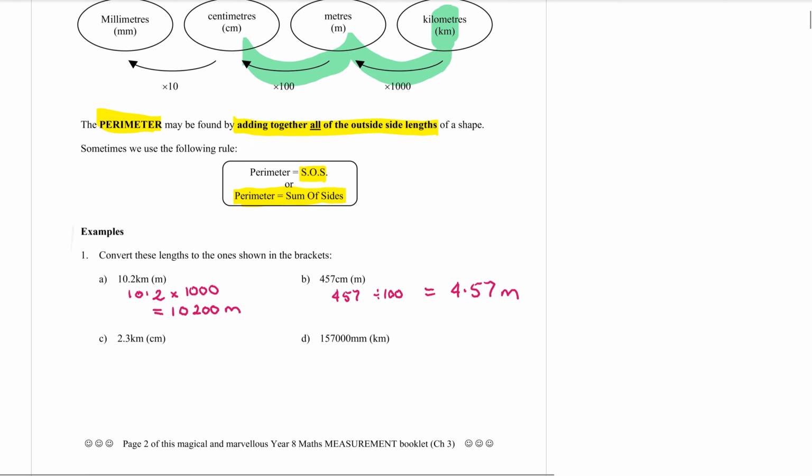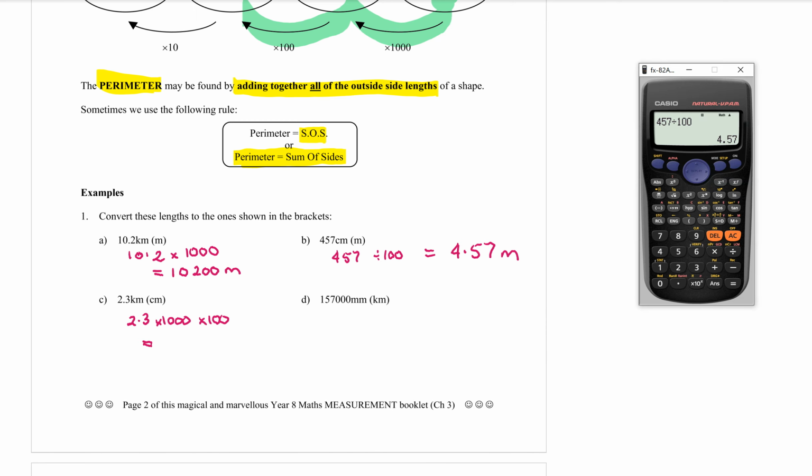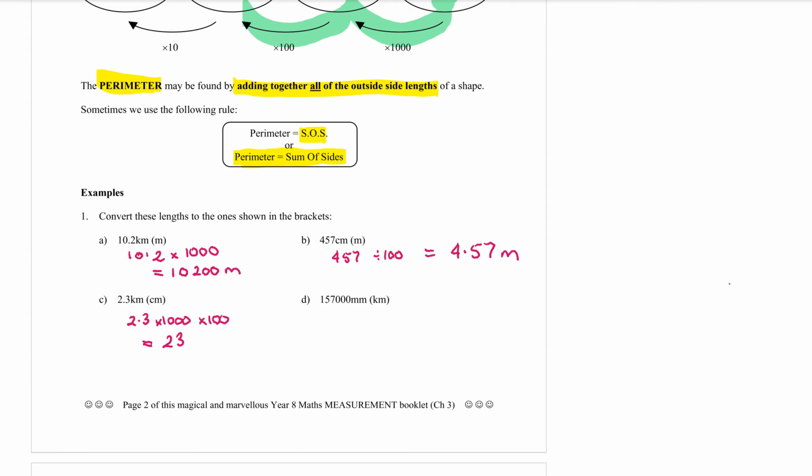So starting with 2.3, I times by 1000 and times by 100. So that's 230,000. And we write the new units, which are centimeters.